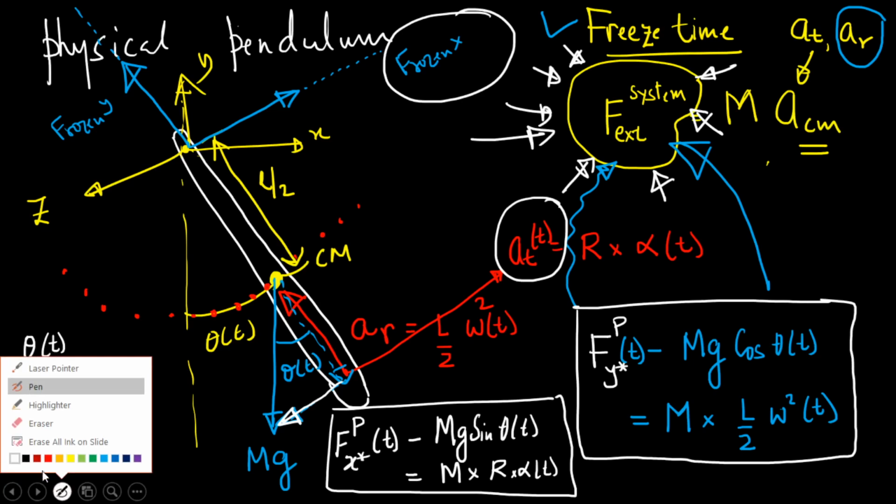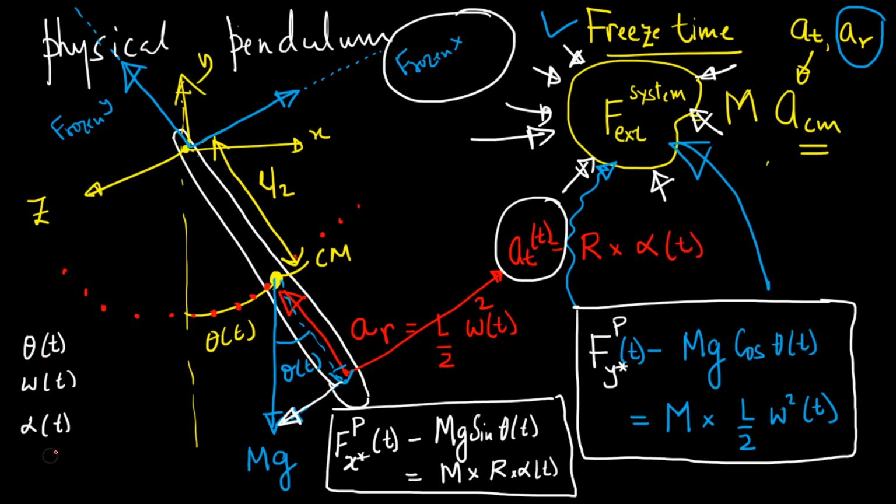Now what is it that we're able to predict? Fairly easy to know. This is known, this is known, this is known, and so this becomes predictable. Same thing here, this is known, this is known, and this becomes predictable.